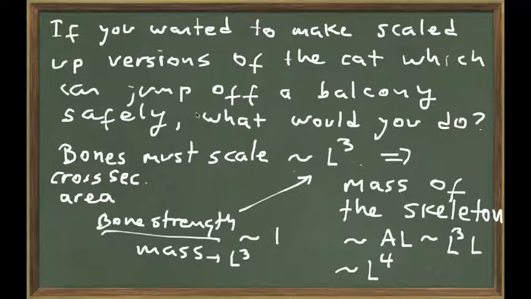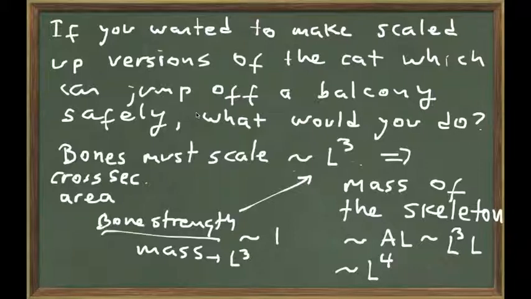So that means that if you took a bone of this animal, this mutant cat, the mass of that bone will be equal to the cross-sectional area times the length of the bone, which grows like a linear dimension. So the mass of these bones will grow like the fourth power of the linear dimension.